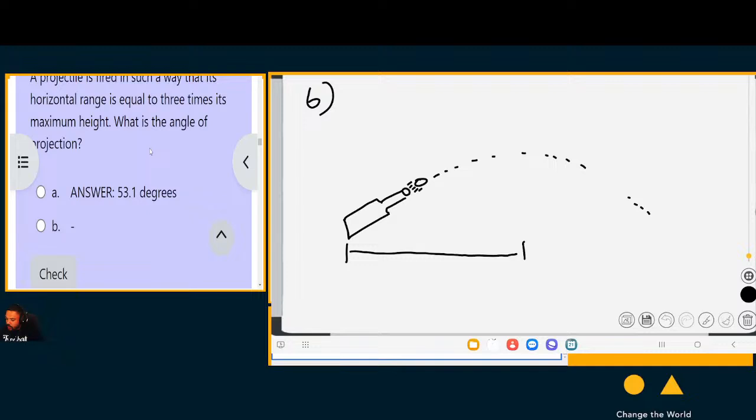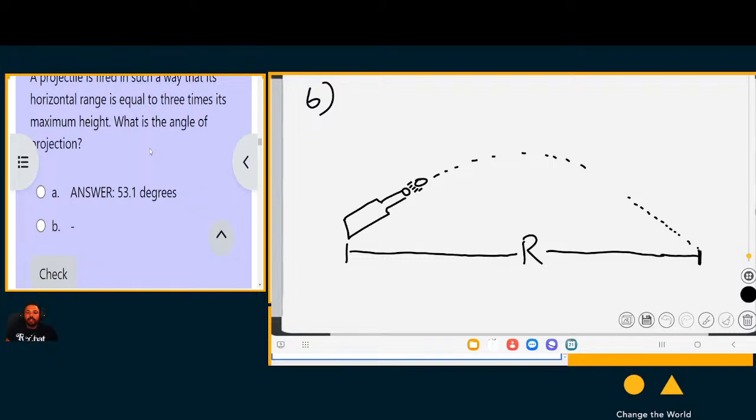The range is how far the ball travels in the horizontal direction.